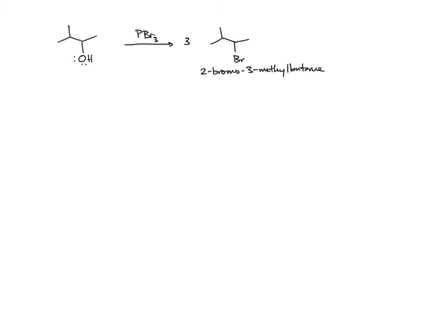So let's go ahead and draw out phosphorus tribromide. And I'm going to put in all the lone pairs on the bromine atoms to illustrate a point here. So phosphorus is below nitrogen on the periodic table, meaning that in its normal valency it has 3 bonds and 1 lone pair.